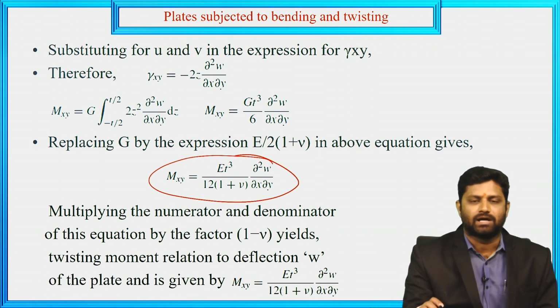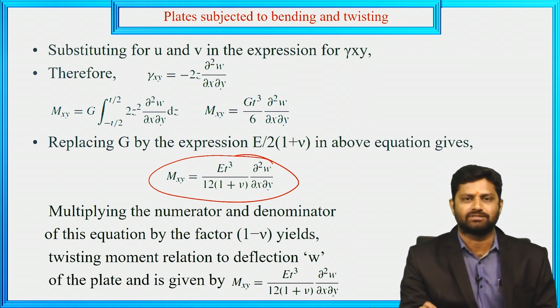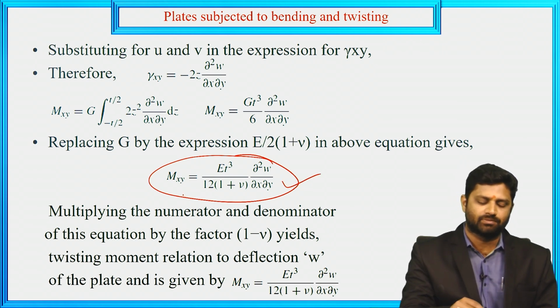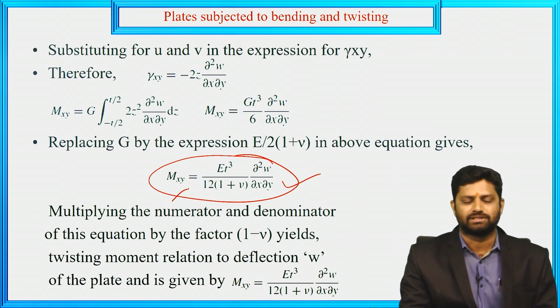Earlier we have seen the contribution of Mx and My to the bending of the plate. Now this is the contribution of the twisting moment Mxy to the twisting of the plate. So when Mx, My and Mxy act simultaneously, we have to consider Mx, My as well as Mxy contributions for the bending and twisting of the plate.